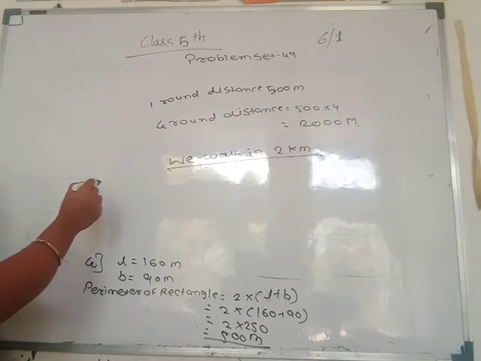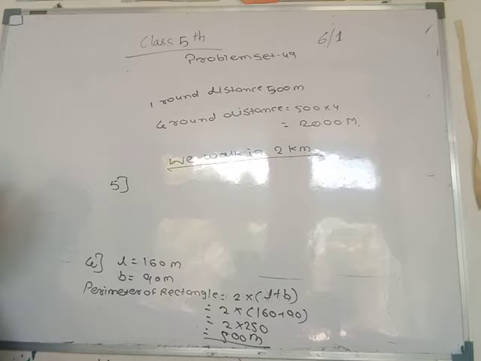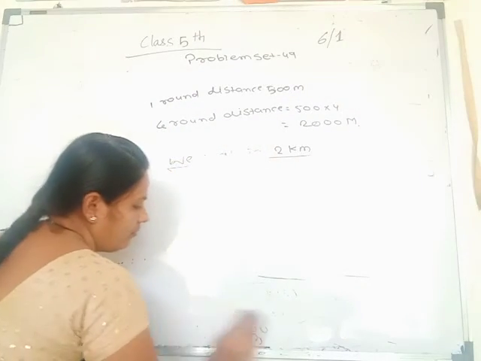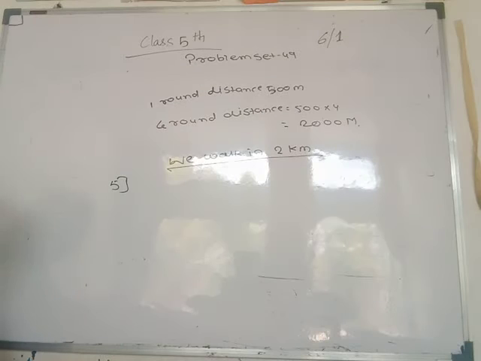Then the fifth one. Sanju completes 12 rounds around a square park every day. If one side of the park is 120 meter, find out in kilometers and meters the distance that Sanju covers daily.